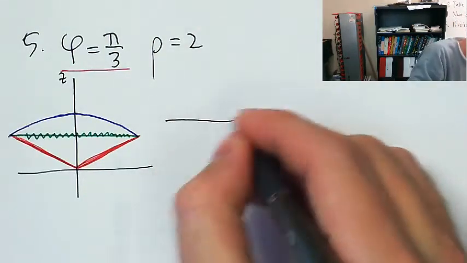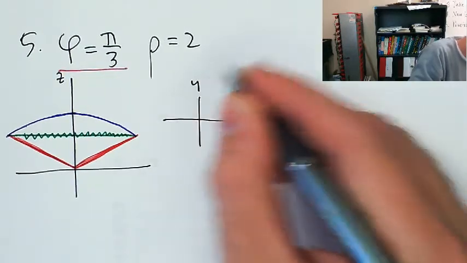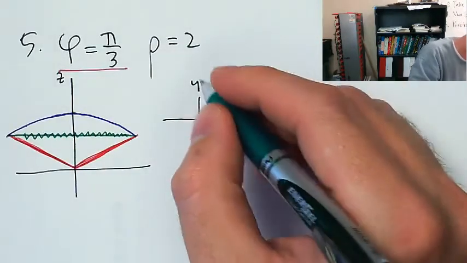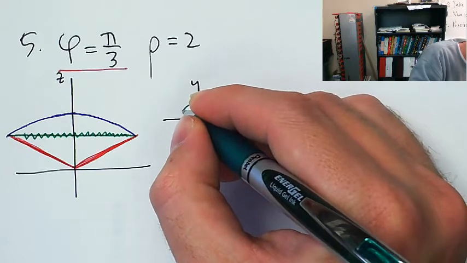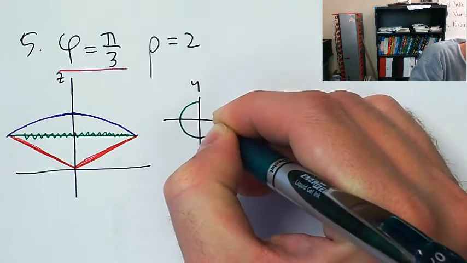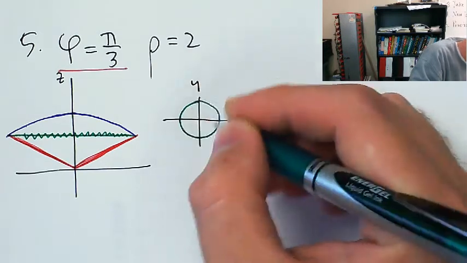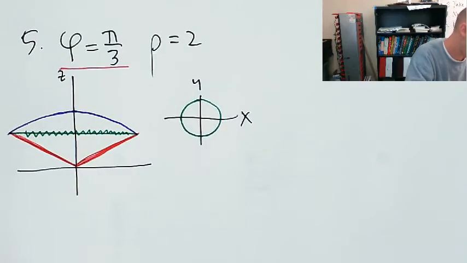That's going to be a circle. Okay. And what's the radius of that circle going to be?